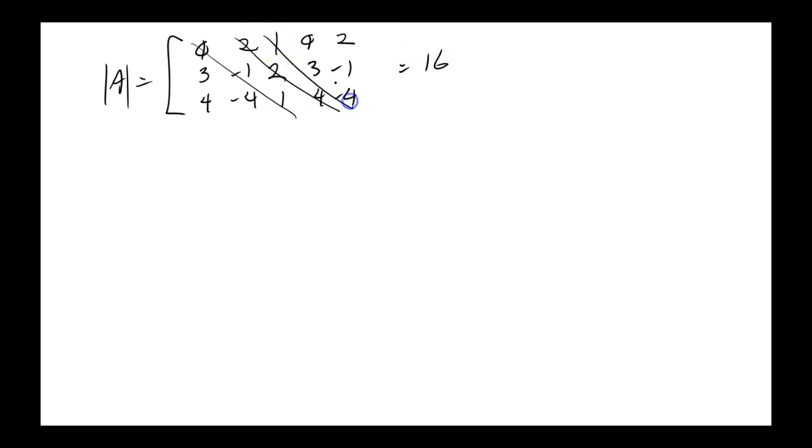Next down diagonal. Minus 12. Perfect. Now your first up diagonal. But it's a minus because it's going up, so that makes it plus 4. Yeah, remember? Plus 4. Okay, next up diagonal.